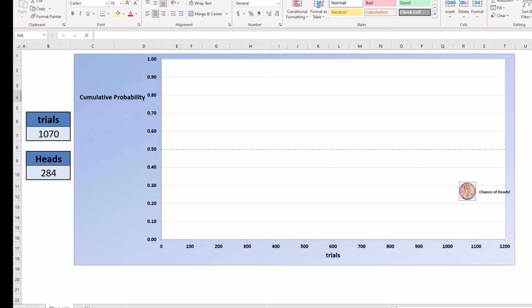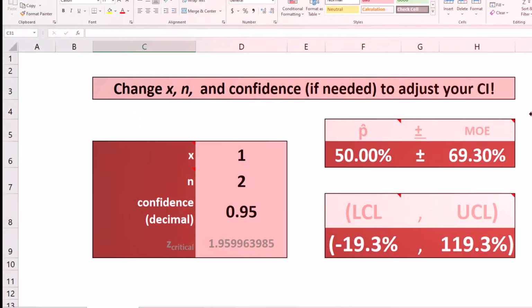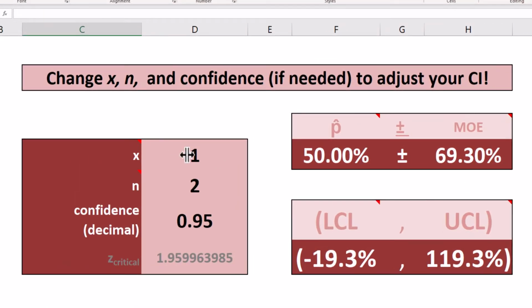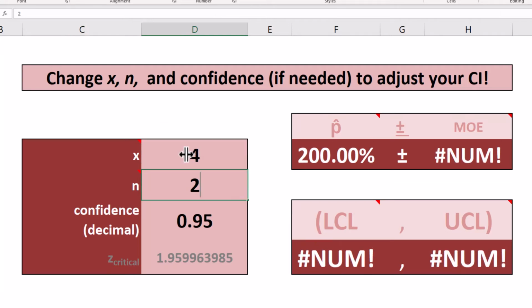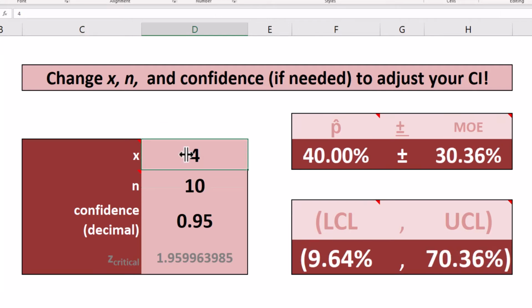Okay, let's now analyze those 5 intervals you just got and see how they change as the number of trials increase. Okay, my friends, let's run these numbers. For the first one, we ran 10 trials and 4 were heads.